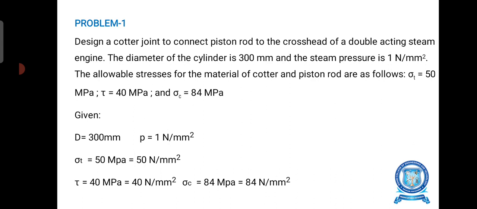Given data: capital D equal to 300 millimeter, pressure P equal to 1 Newton per millimeter square. Sigma T equal to 50 megapascal, that means 50 Newton per millimeter square. Tau equal to 40 megapascal, that means 40 Newton per millimeter square. Sigma C equal to 84 megapascal, that means 84 Newton per millimeter square.